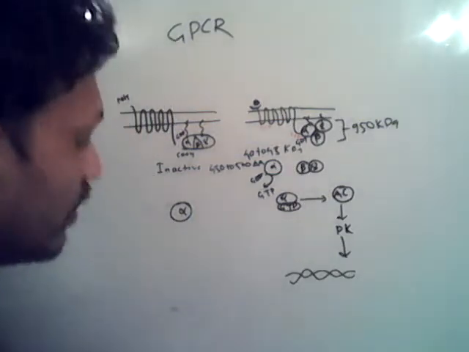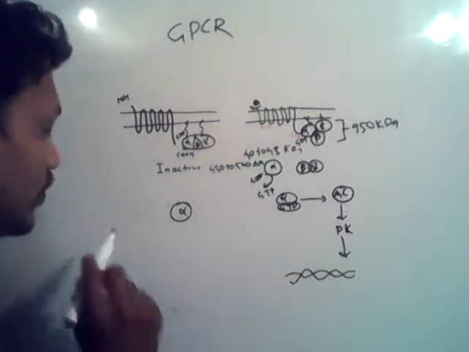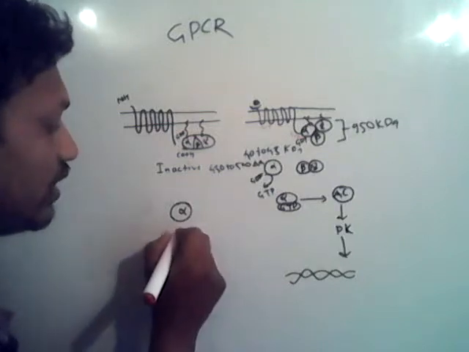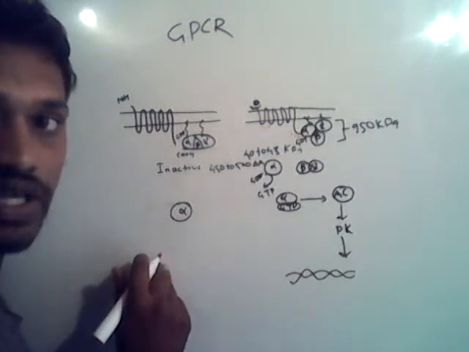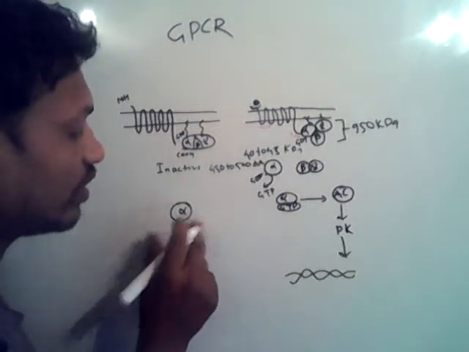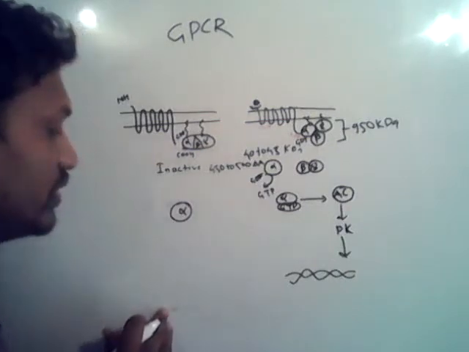Okay. Now, the G protein is further categorized on the basis of its alpha subunit.